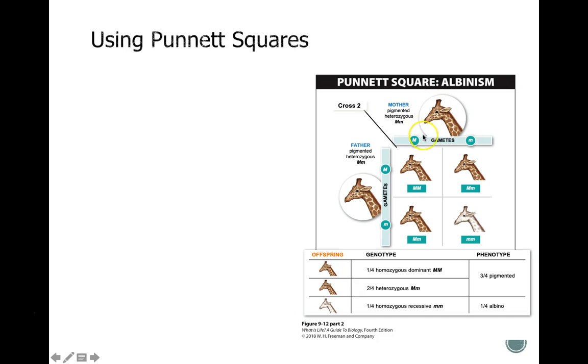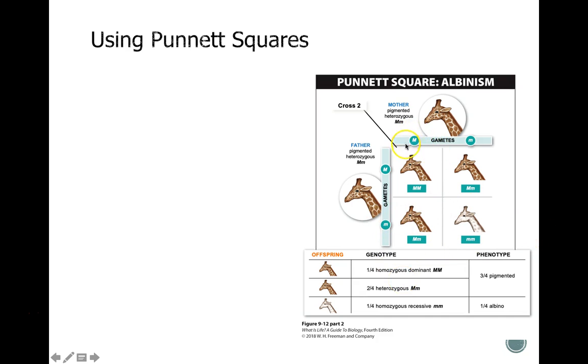So when mom's alleles segregate into her eggs, half of her eggs are going to receive the dominant allele, half of them are going to receive the recessive allele because she's heterozygous. So each of her gametes has a 1/2 chance of receiving either one of those. Same thing for dad. He is heterozygous, so half of his gametes are going to receive the dominant allele and half of his gametes are going to receive the recessive allele.